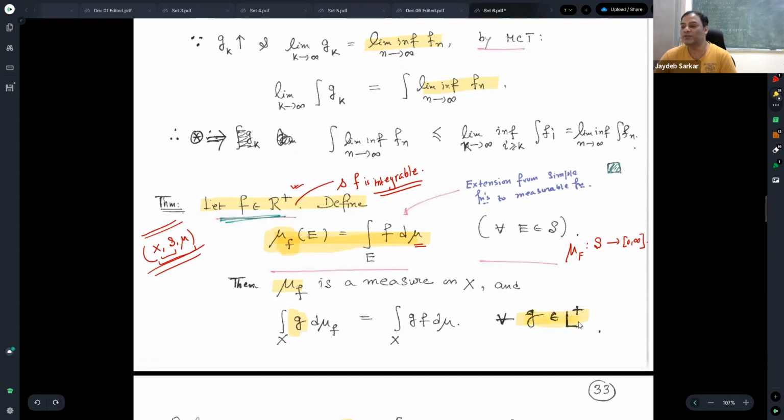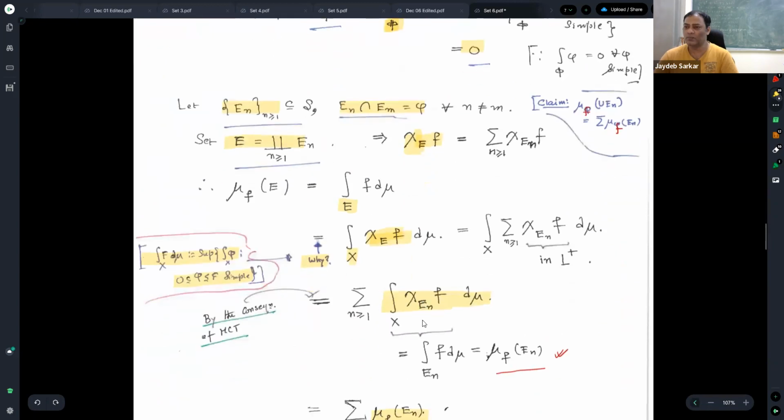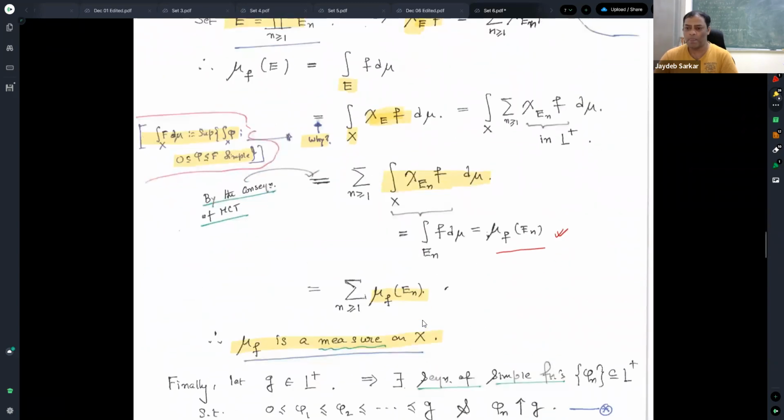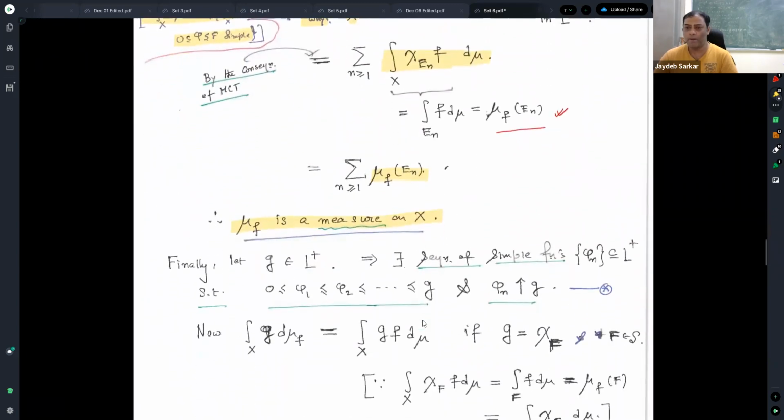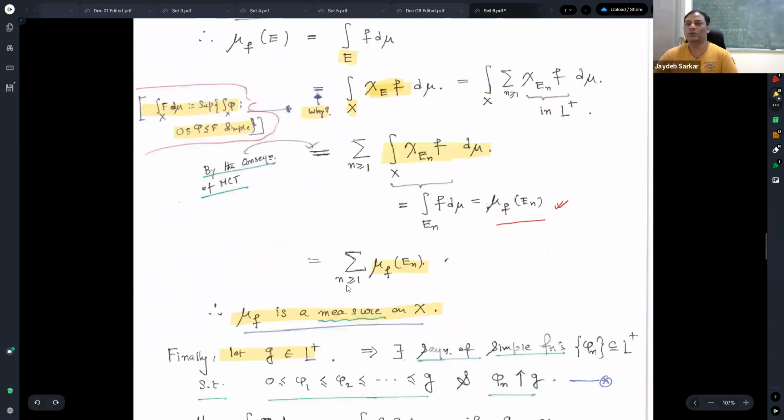So you pick g from L plus, and I want to prove that the integration of g dμ_f equals the integration of g f dμ. So finally, let g belong to L plus. I want to prove what?